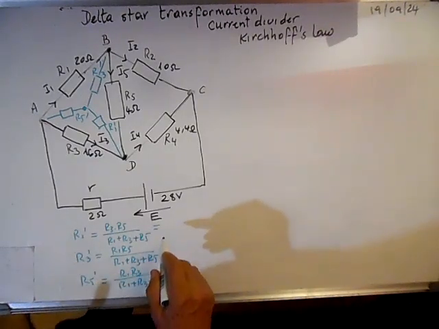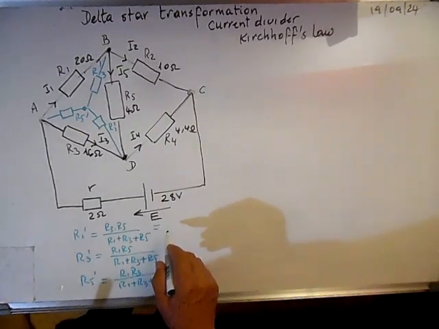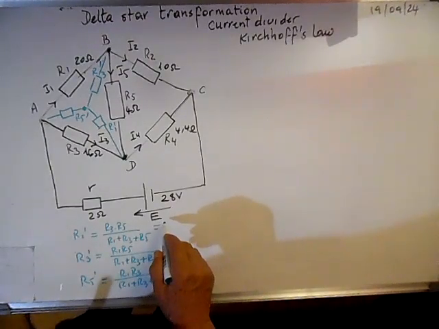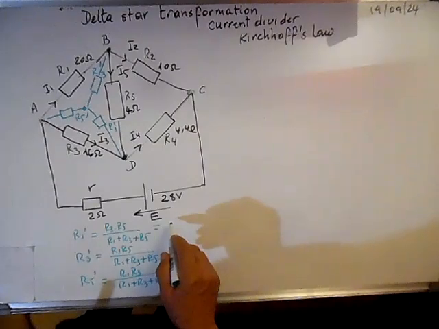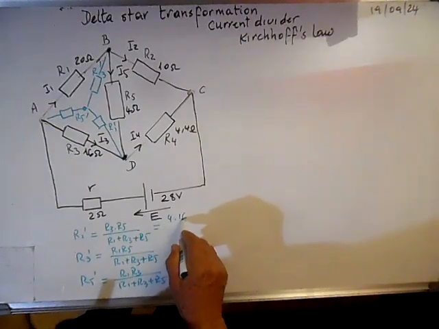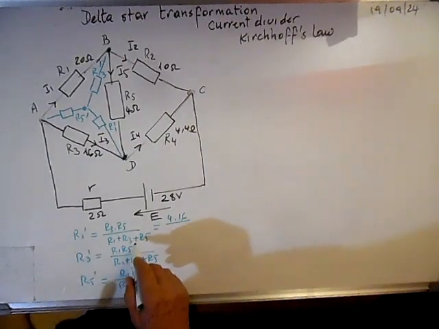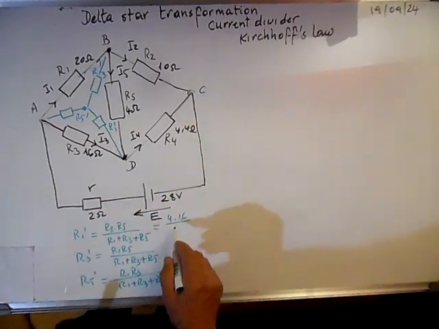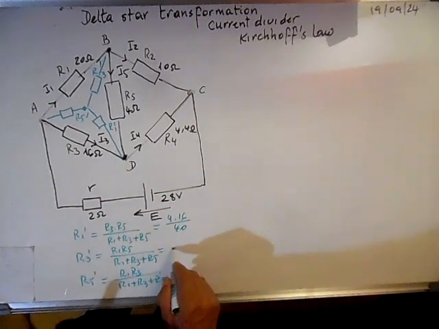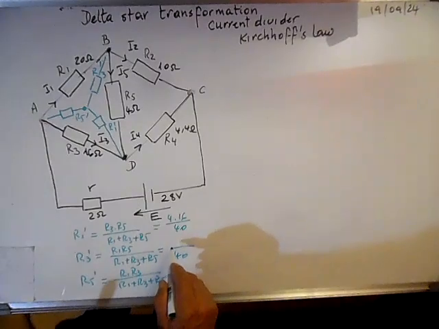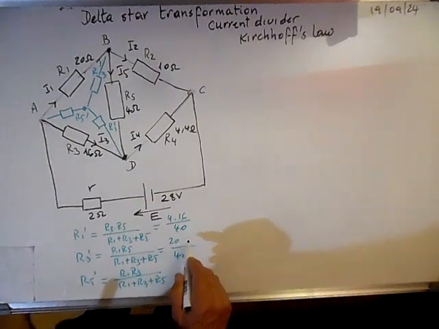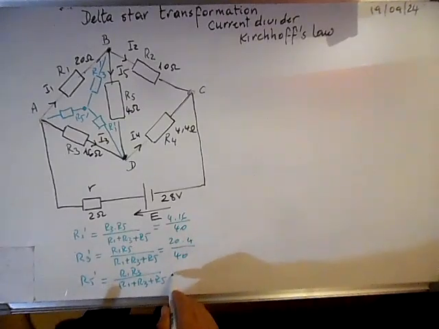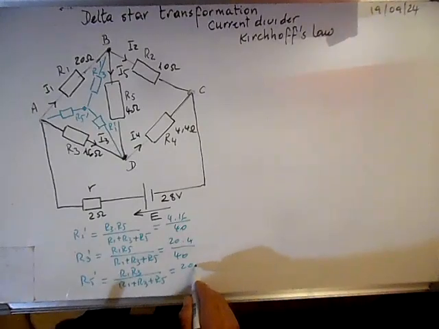Here we have R3 times R5, so it means 4 times 16 over the sum of the three, which is 40. Here we have 40, R1 is equal to 20, R3 is equal to 4, R5 is equal to 16.